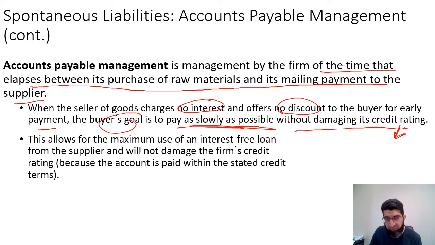This allows the firm use of an interest-free loan from the supplier, because as we stretch the payments, we are using the supplier's money to fund our accounts payable, and it will not damage the firm's credit rating because the account is paid within the stated credit terms.